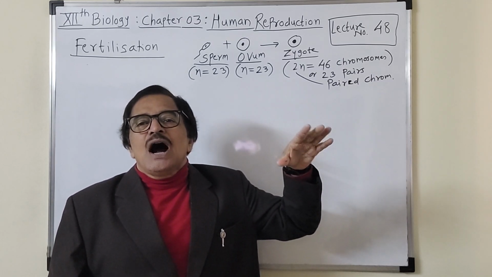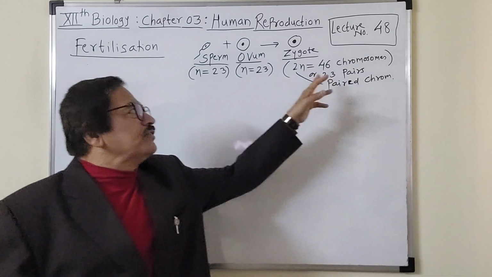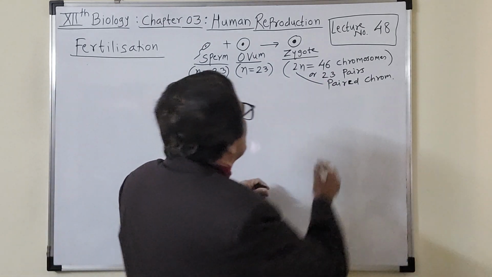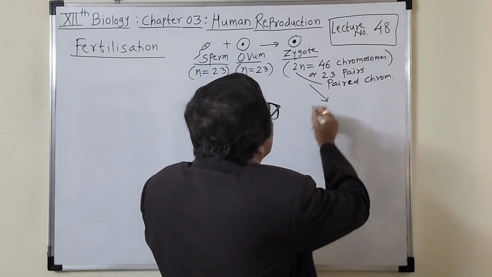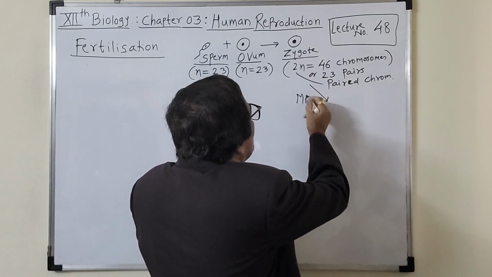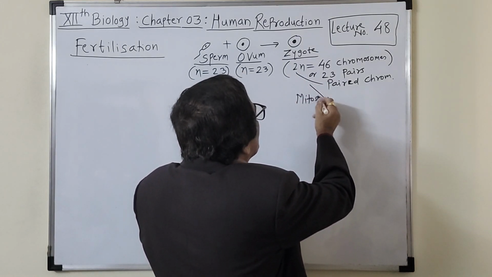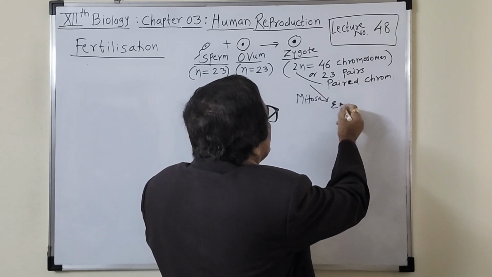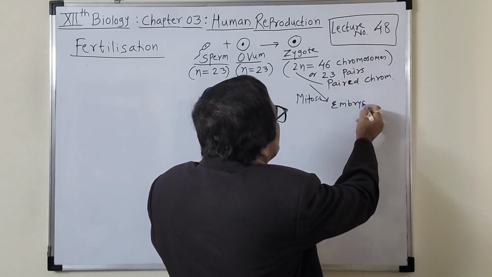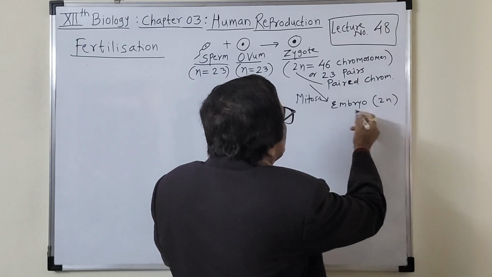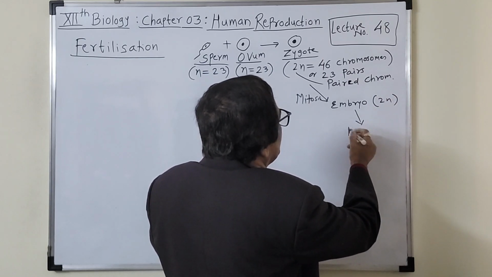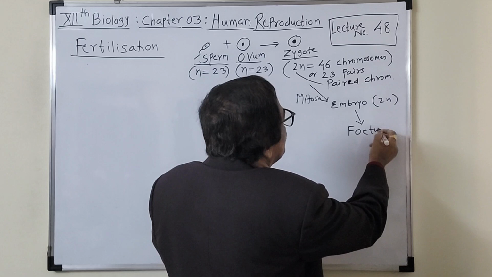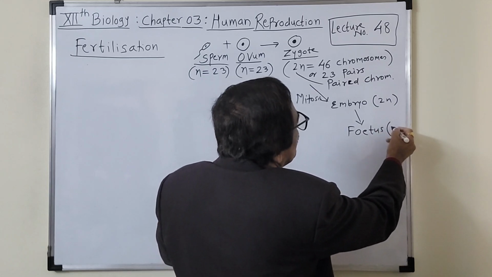And now how the sex of this zygote is decided. The zygote will undergo divisions. All divisions will be mitotic divisions, mitosis, to form the multicellular embryo. This embryo will have all diploid cells, and will form the fetus, which looks like a human.